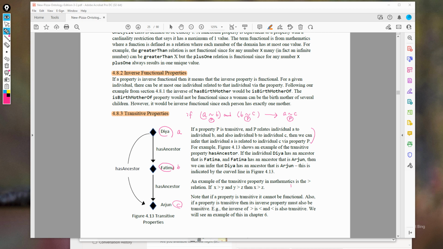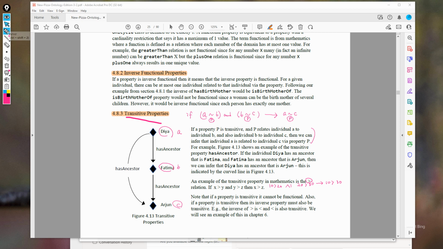For example, if 10 is greater than 20, and 20 is greater than 30, we know that 10 is, of course, greater than 30. So the greater than relationship in math is transitive. So that's the transitive properties.